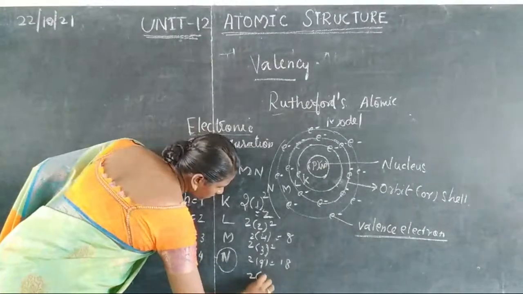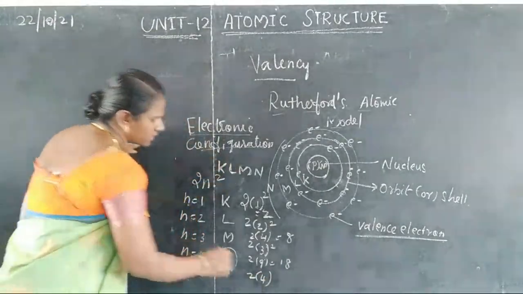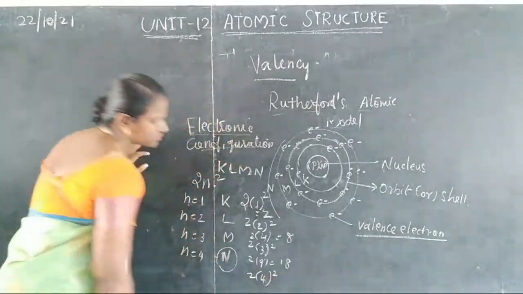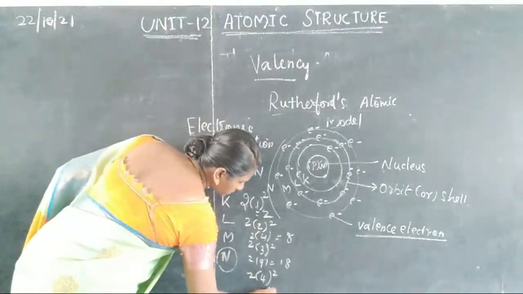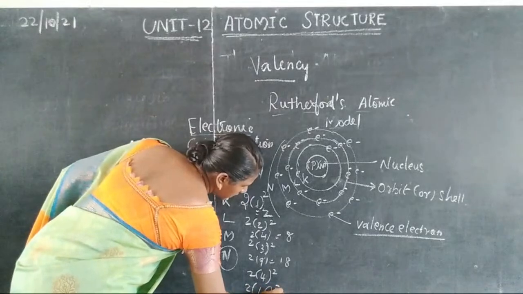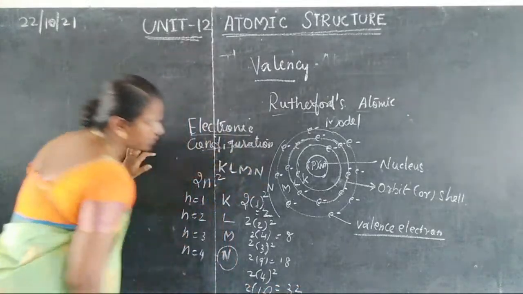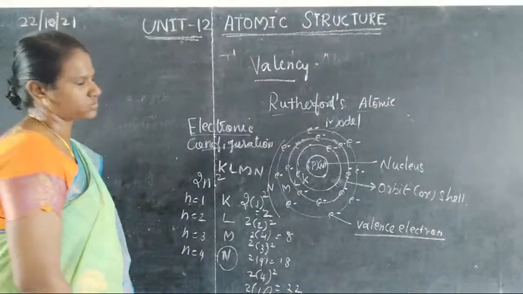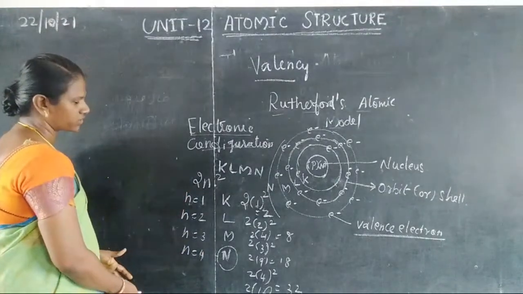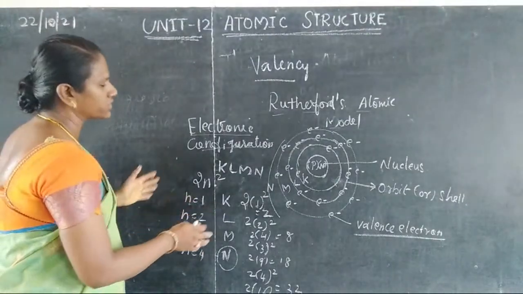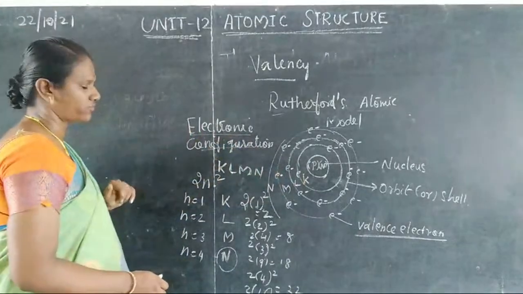If we substitute the 4 value in the place of n, so 4 square is 16, into 2, so in total 32 electrons can be accommodated in the N shell. So this is the electronic configuration. The arrangement of electrons in an atom is called electronic configuration.